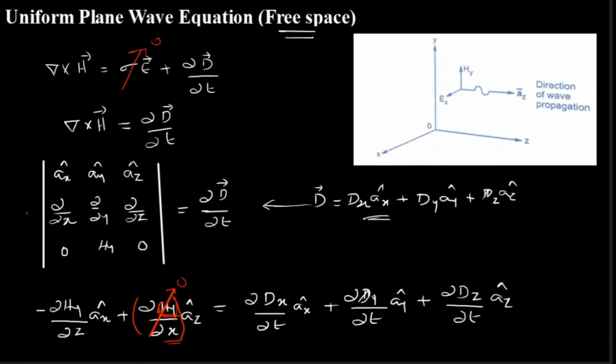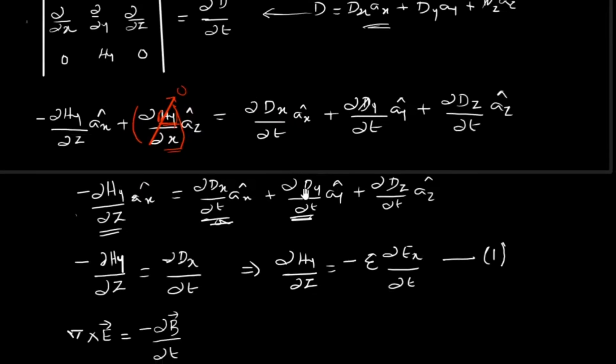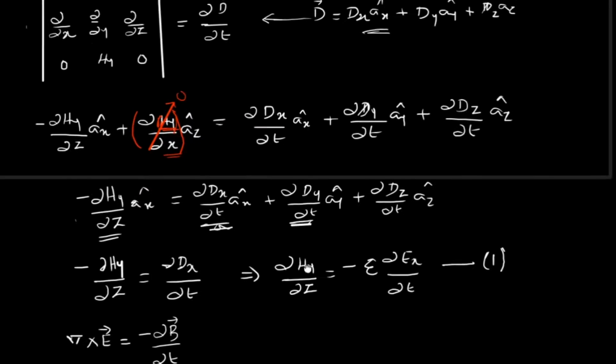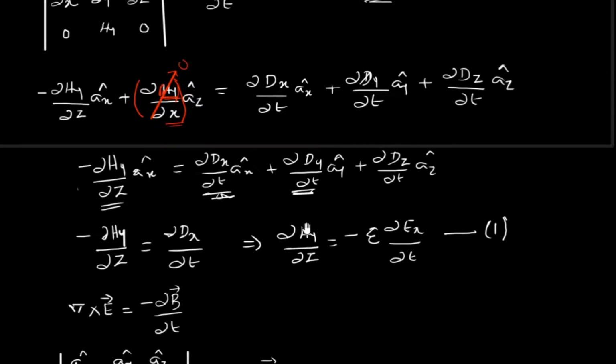It directly gives you how Hy is traveling in z direction and how Ex is traveling in z direction, right? So equation number 1 is giving me how Hy is traveling in z direction. So the variation of Hy in z direction will be given by this particular mathematical expression.